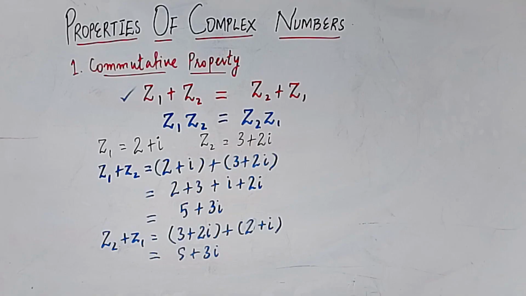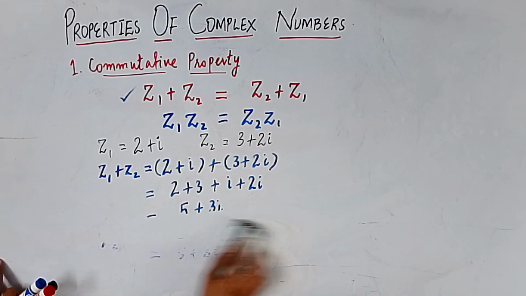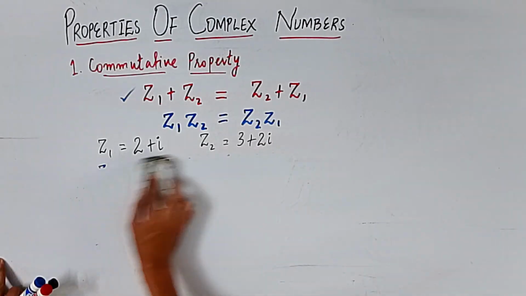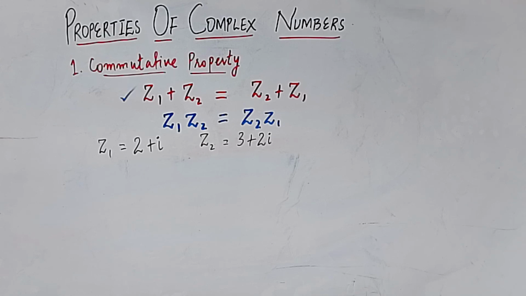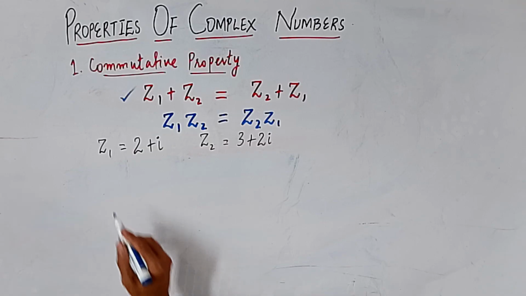Now let's take the same complex numbers and check the commutative property of multiplication. We have already discussed in our previous video that multiplication of complex numbers is also very simple.